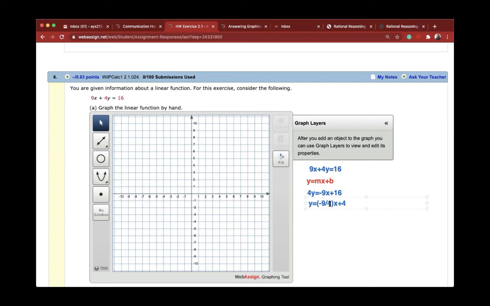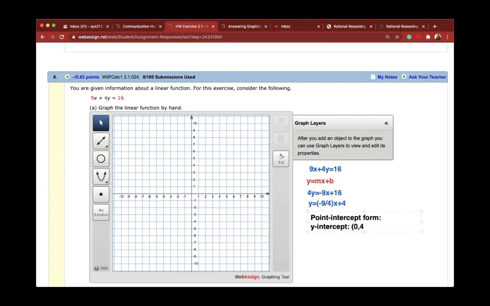So now that we're in the y equals mx plus b form, remember, we can know two things here. First, when you have it in point-intercept form, we will know the y-intercept, which is what our y value is whenever our x value is 0.